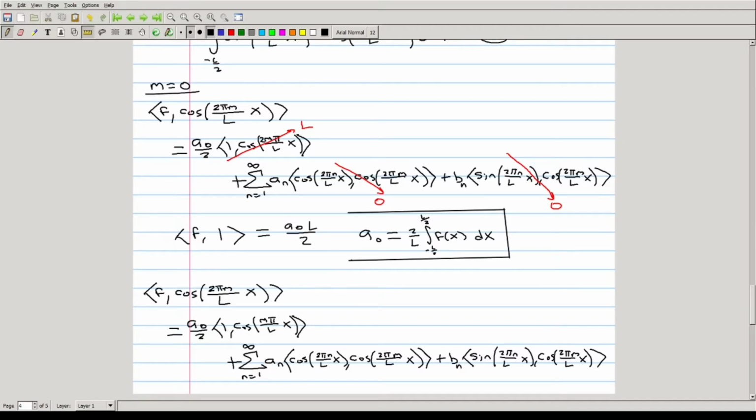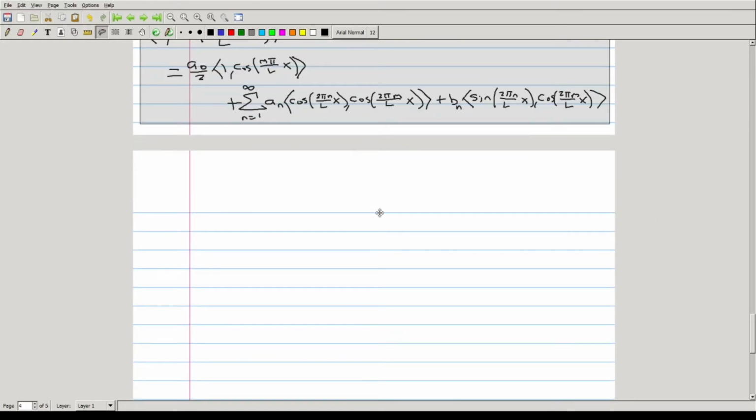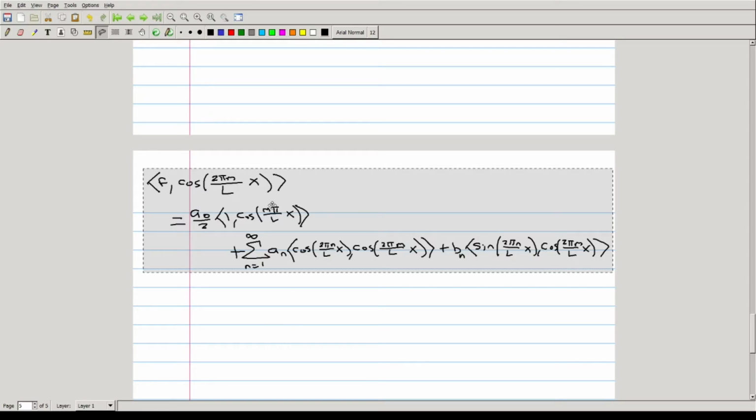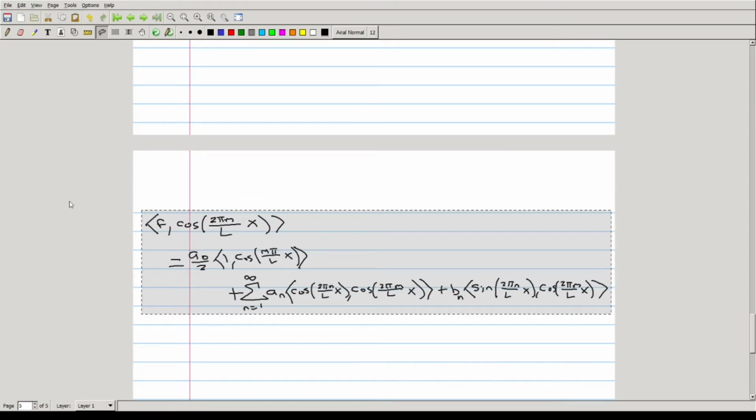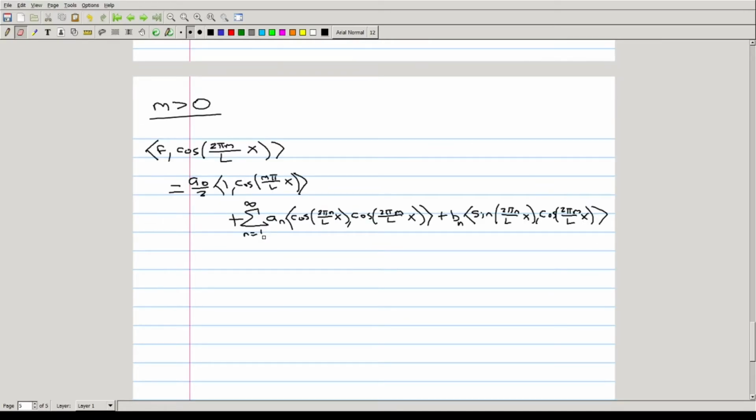Now, let me move this onto the next page so we have some more space. In general now, when m is any positive natural number greater than 0, from the orthogonality relation, we know that this is going to be equal to 0.